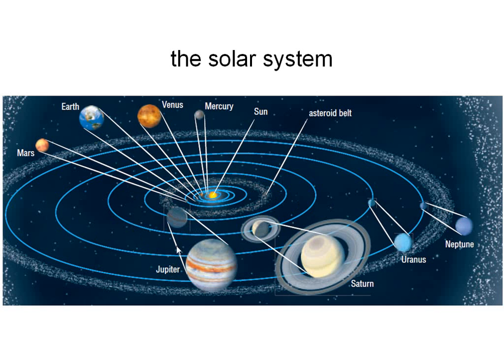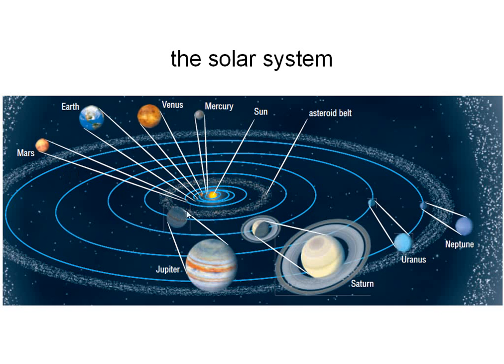You are required to remember the names of the 8 planets. What are they? Let's list them from the closest one to the furthest one. First, Mercury moves on this orbit, and then Venus moves on the second orbit, and then Earth moves on the third orbit.